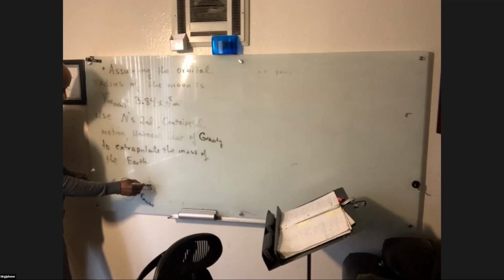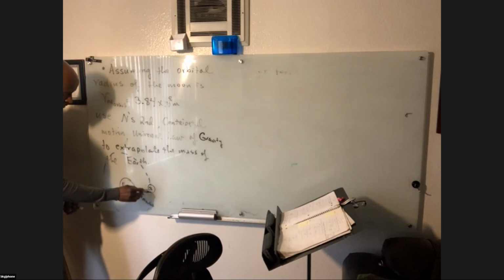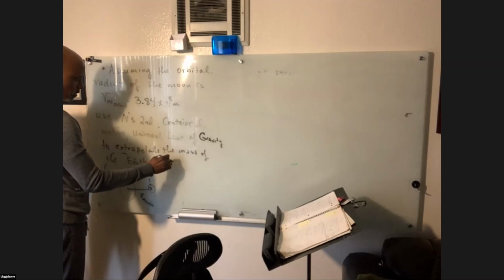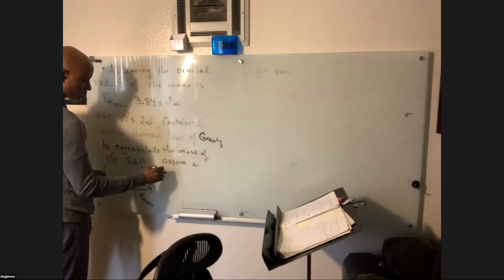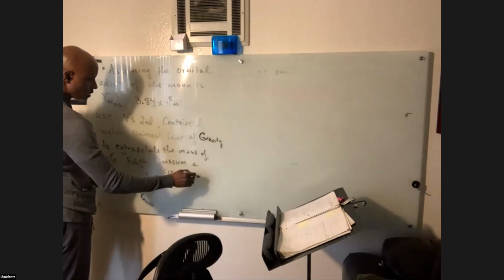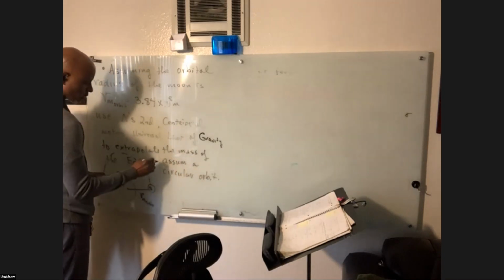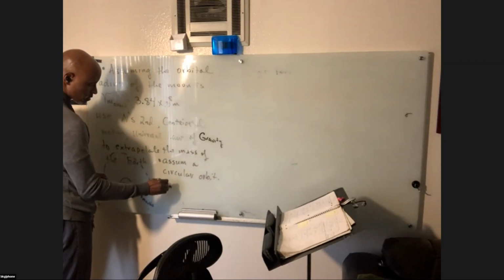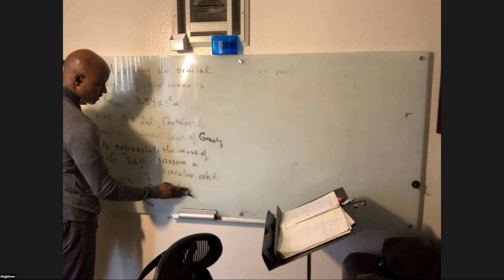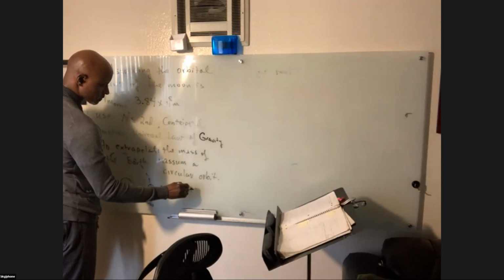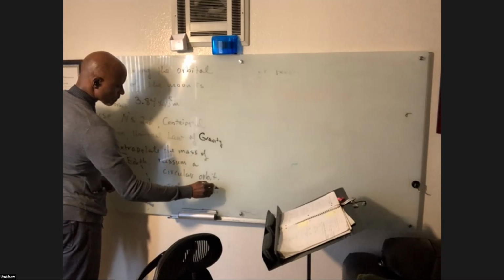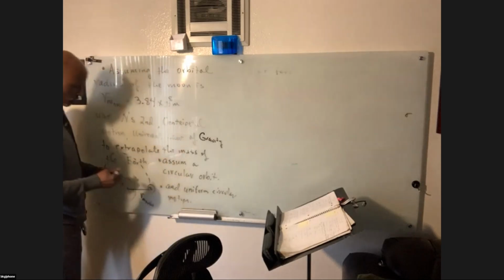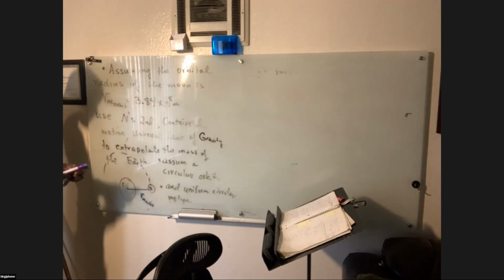And assume a circular orbit, which is not really true, and then of course the speed of the moon around the Earth is constant. So assume basically a uniform circular motion, so that the only force on the object is the force of gravity.